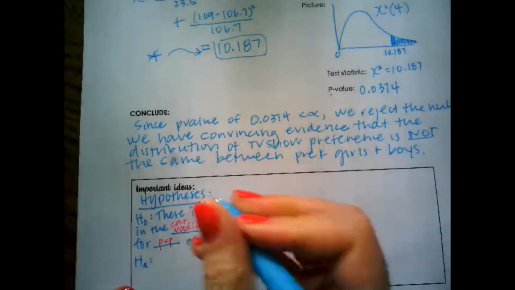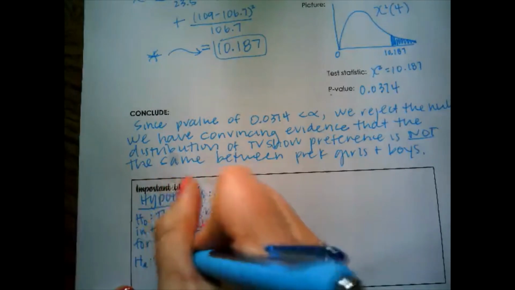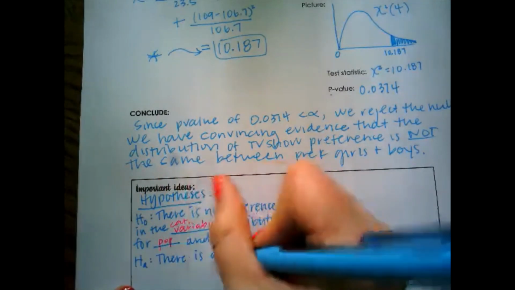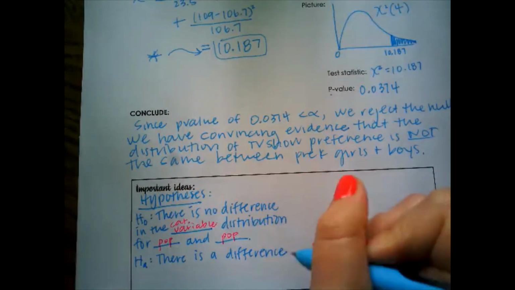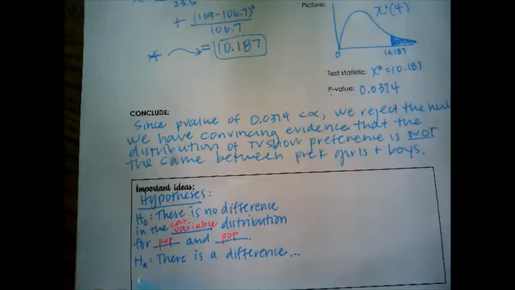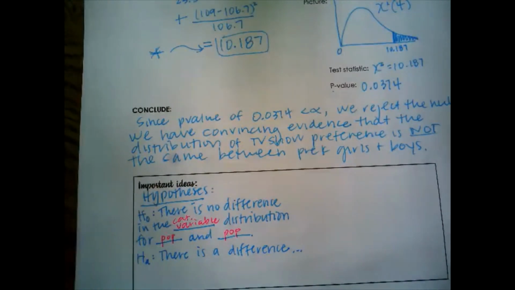And your alternative is there is a difference in the categorical variable distribution for your two different populations.